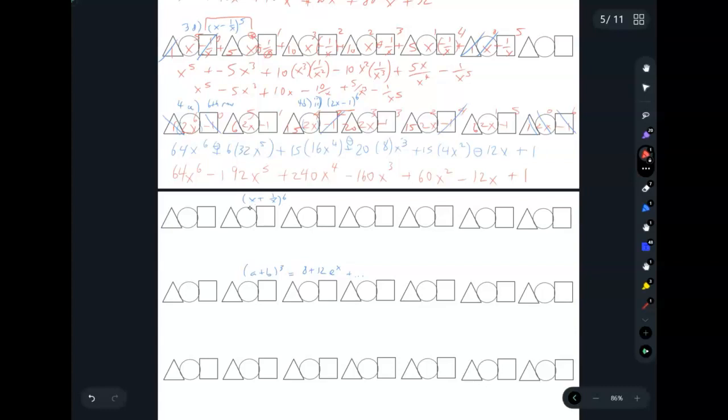Now let's do this one here, which is a little more complicated. First step, though, is, you know, not too bad. It's familiar. And then we're going to put the circle. There's just going to be x in each circle. And then 1 over x is in each square.